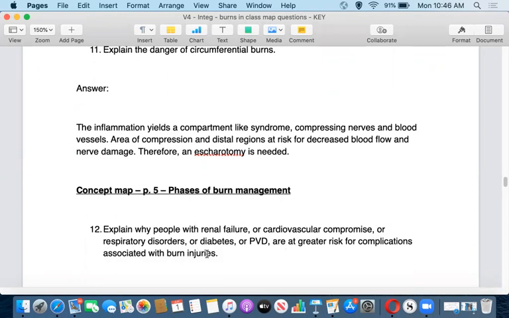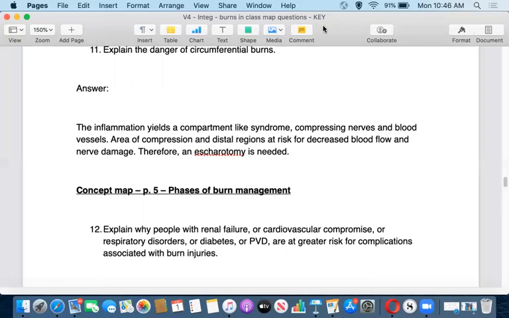So we'll look at the concept maps for this one. Basically, why would people with these conditions have a more complicated time associated with burn injuries? And it's really the same reason why people with these conditions would have a tougher time with many other health issues too. Obviously, the more comorbidities you have, the more complicated and delayed healing is.